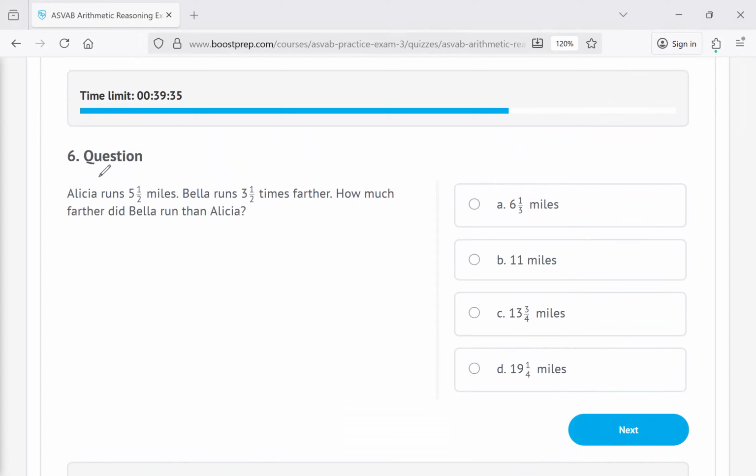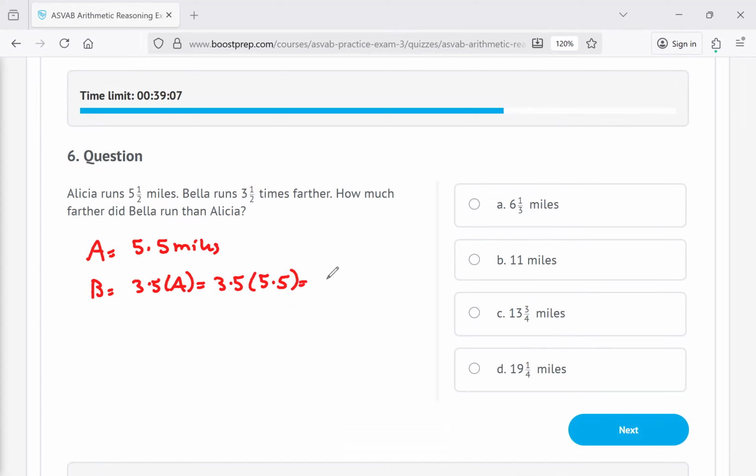So Alicia ran 5.5 miles. Bella runs 3.5 times further, so it's like 3.5 times Alicia, right? So that's the same thing as 3.5 times 5.5.